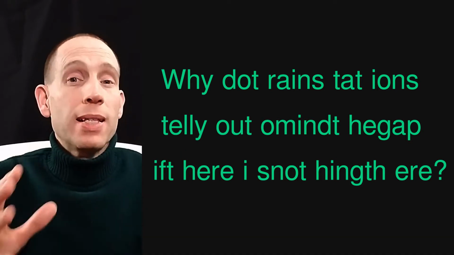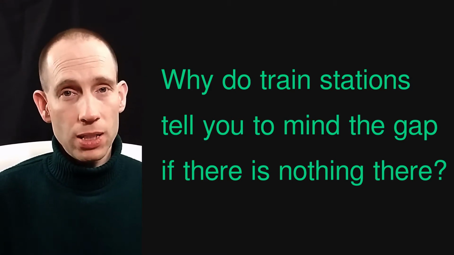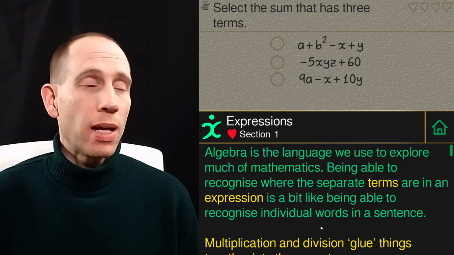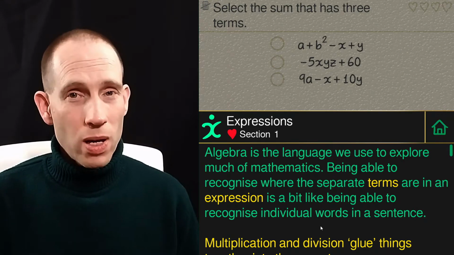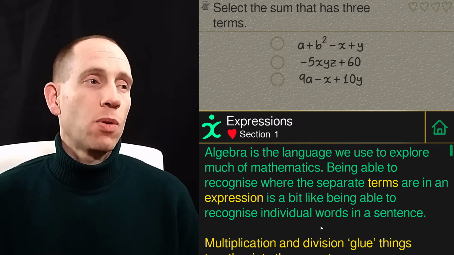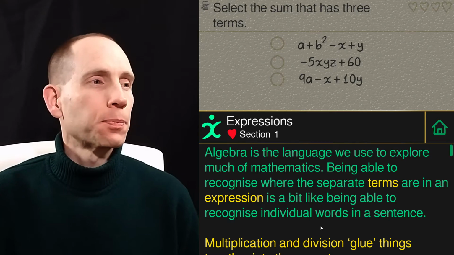But if we put in the gaps in the correct places, we can recognise where each word starts and finishes, and then it's a lot easier to make sense of. And it's like that with mathematics, with algebra. When we understand where each term starts and finishes within an algebraic expression, then we're better able to understand that expression. It becomes easier to read it.